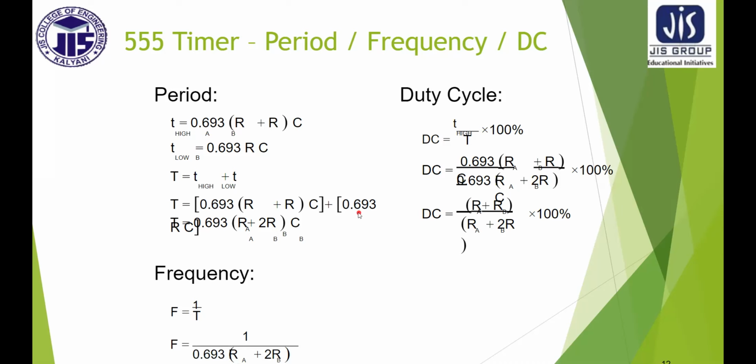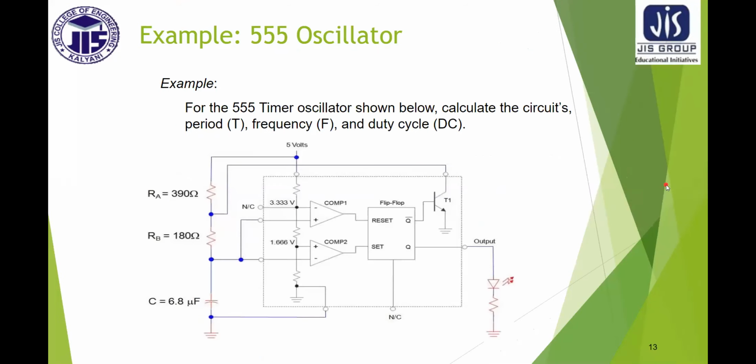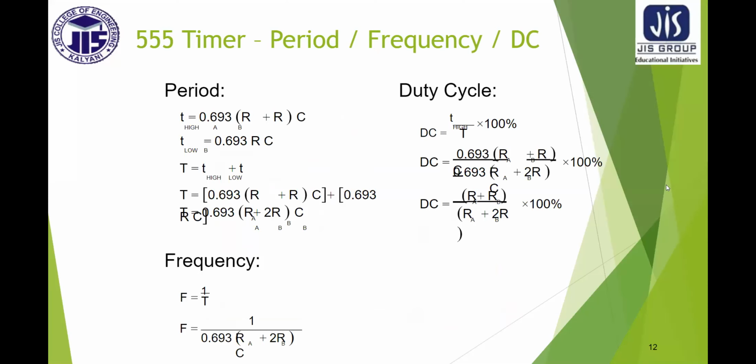So I hope you have all done with these equations. Next, we will solve some problems. For the 555 timer oscillator shown below, calculate the circuit's period, frequency and duty cycle. Before I go for the solution, you just have these equations.